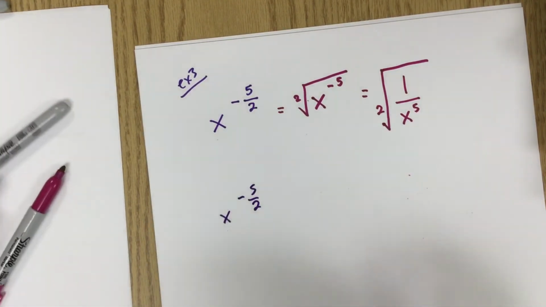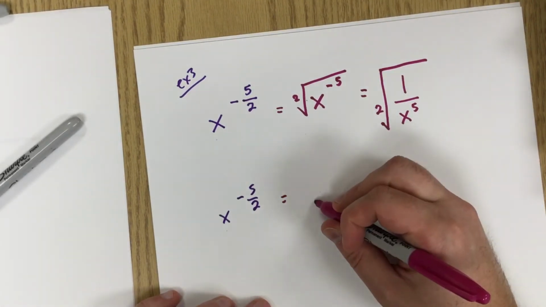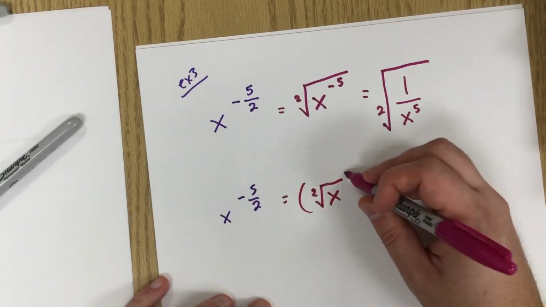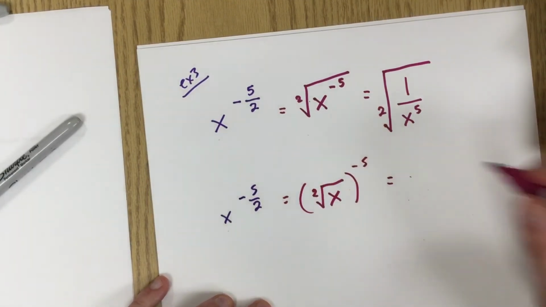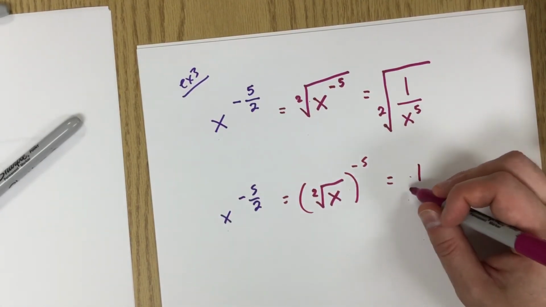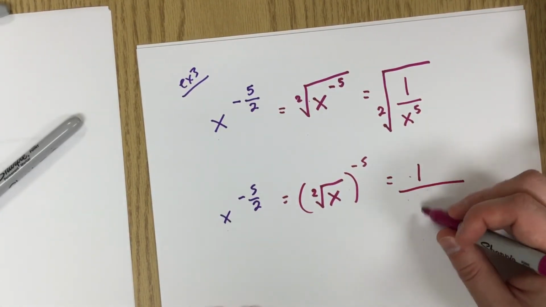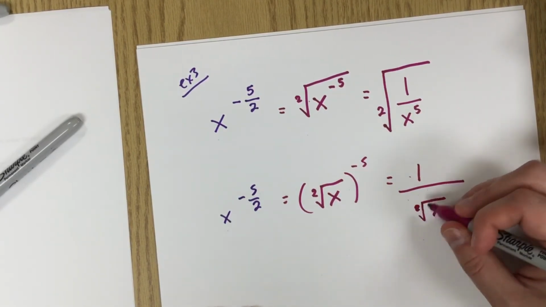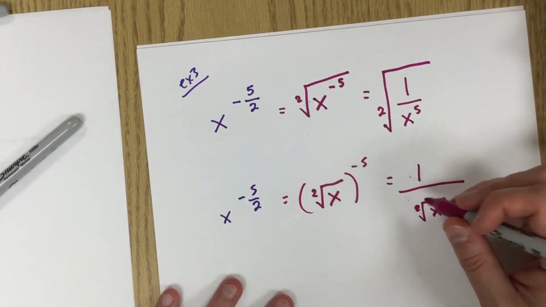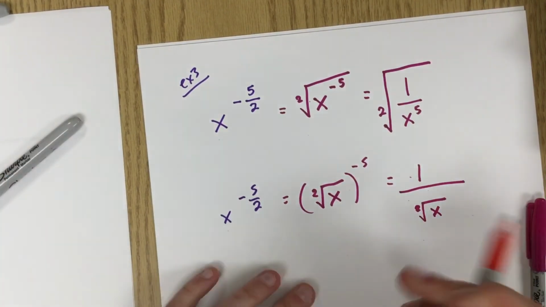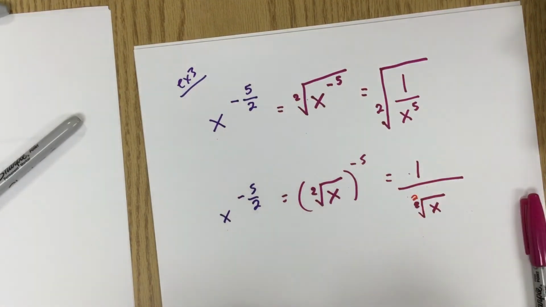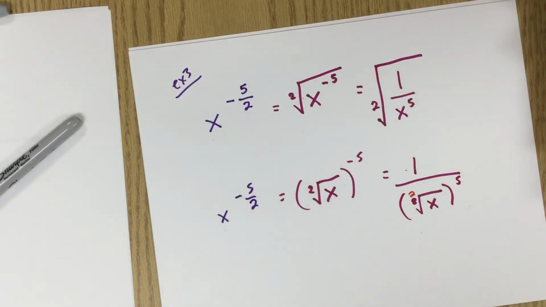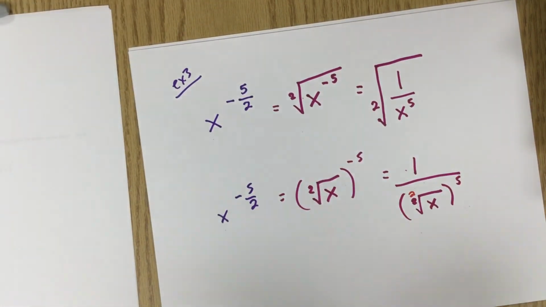We could also say that it was the square root of x to the negative 5, which is 1 over square root of x to the 5. Or even a third way we could do this.